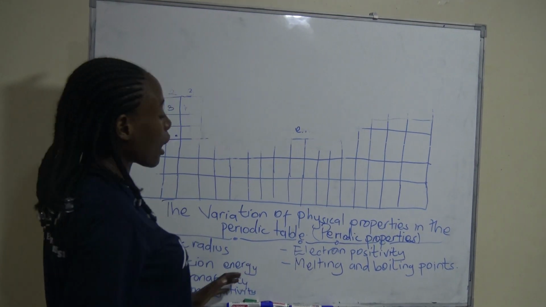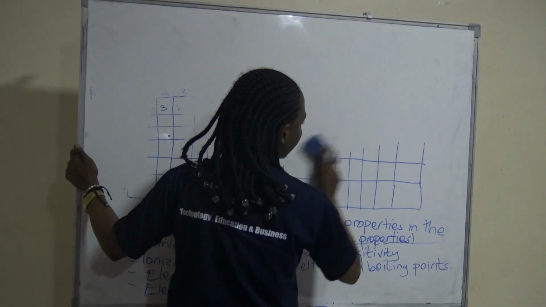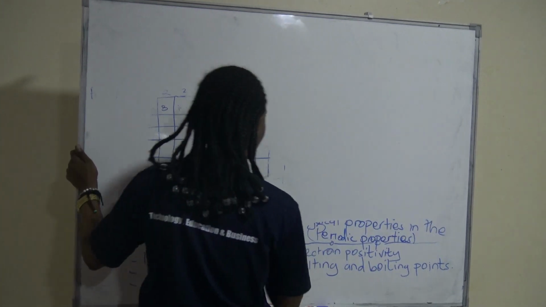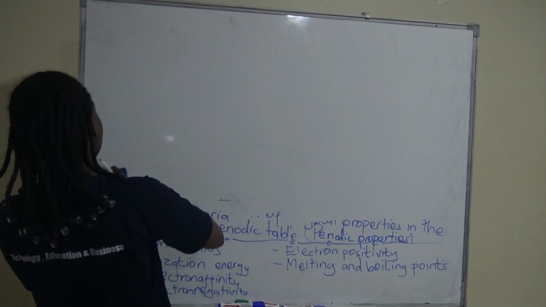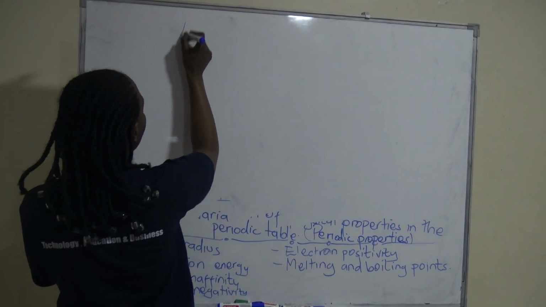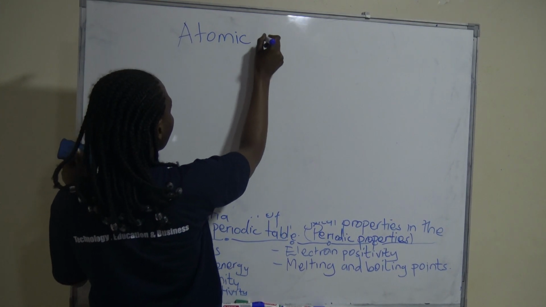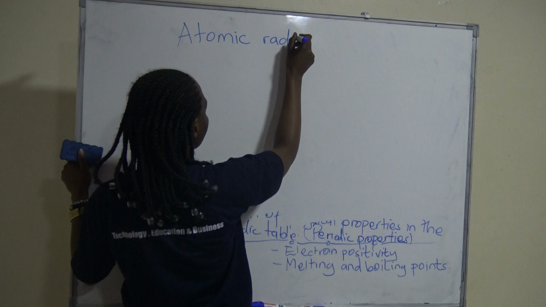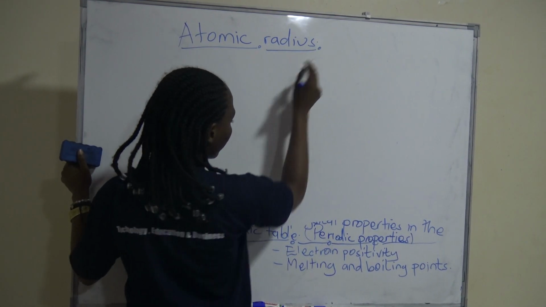We shall look at all of these in detail. So we are starting with what we call the atomic radius.